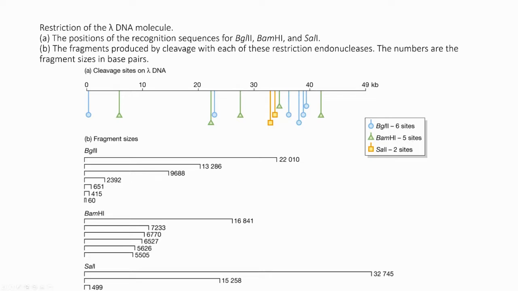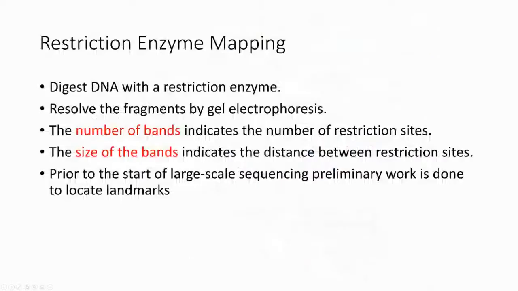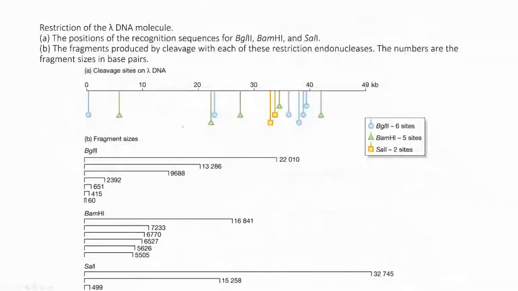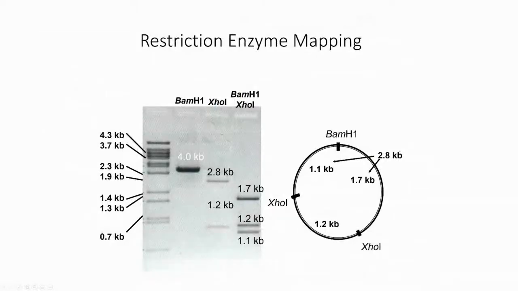All right, so here, see, you have 6 DNA fragments because you cut 1, 2, 3, 4, 5. After you cut it, you produce 1, 2, 3, 4, 5, 6 fragments. Okay, so that's why the number of bands can tell you how many cut sites. So let's say for this one, the circular DNA.